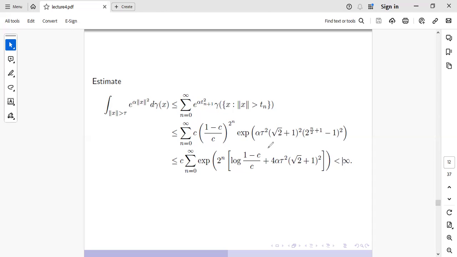Okay. Then write it under one exponent, and recall that alpha is 1 over 24 tau squared. And here we had the logarithm of C over (1 minus C), which can be written as (1 minus C) over C, and with minus.